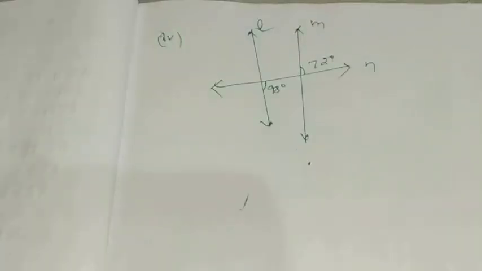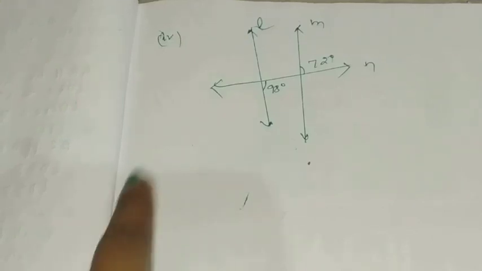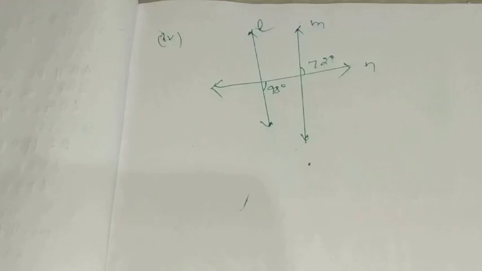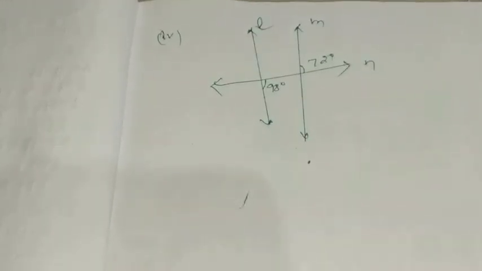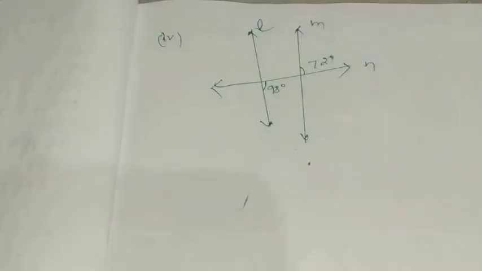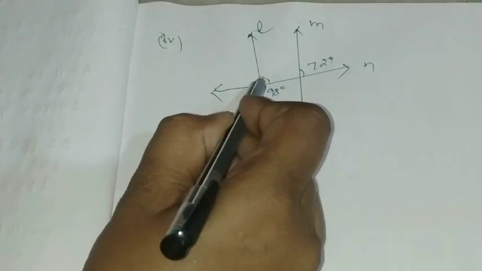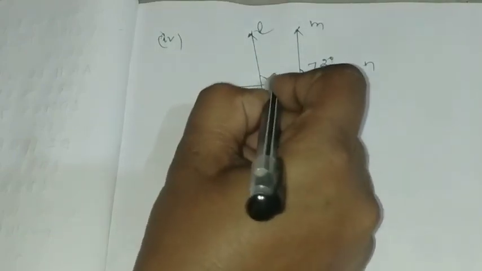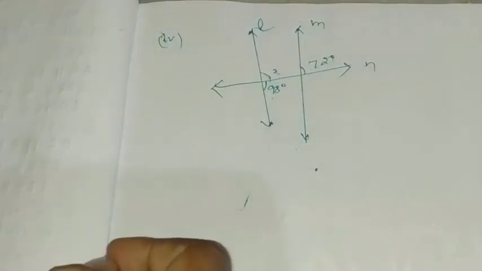So look here, figure 4 I have drawn on this side because there was no space. Here also L and M lines are given and we have two angles. This is 98 degrees and this is 72 degrees. So we will take this angle as x.